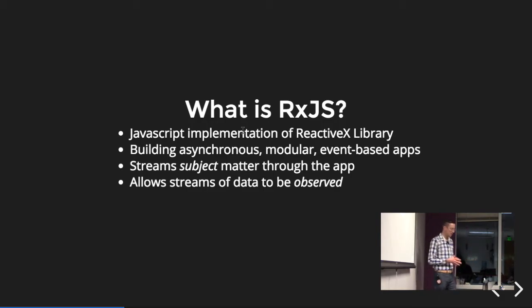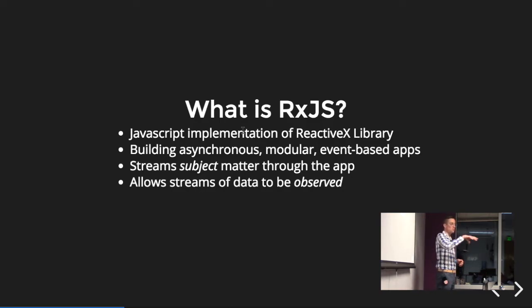And RxJS allows us to build asynchronous modular event-based apps. Let me just quickly break that down. I think we all know what that basically means. But asynchronous, we're all doing it, right? Whether it's HTTP client or whatever thing is going on behind the scenes, whether it's a socket, you're dealing with asynchronous activity constantly in your app. It's modular.